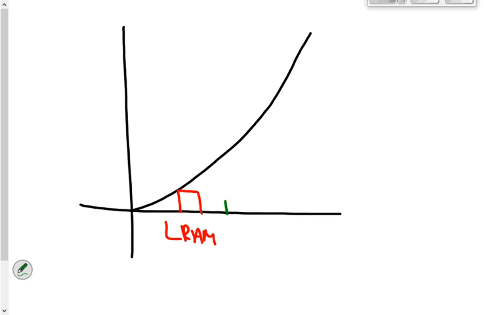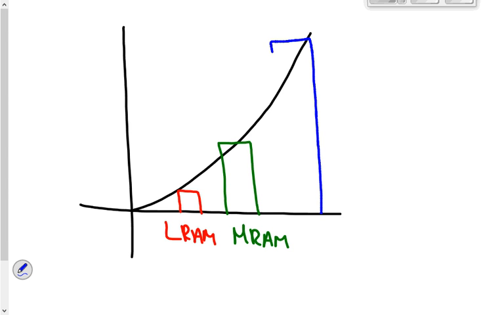I can make a rectangle where the middle of the rectangle touches the curve, and that's something called MRAM. Or I can make a rectangle where the right part of the rectangle touches the curve, and that's called RRAM.